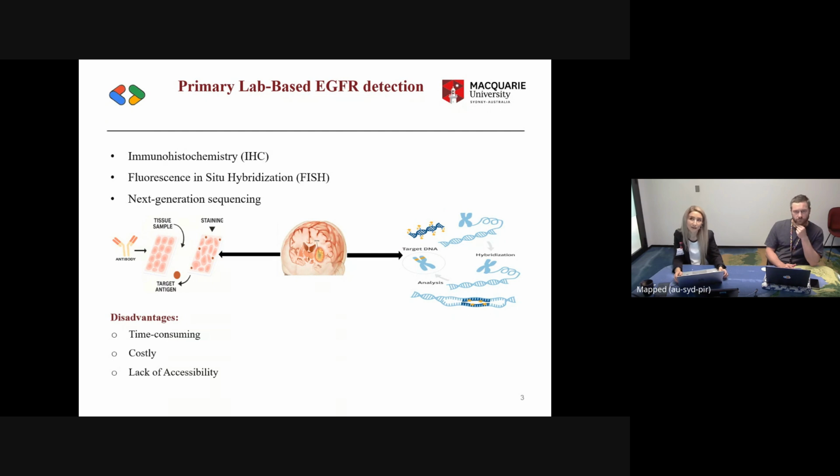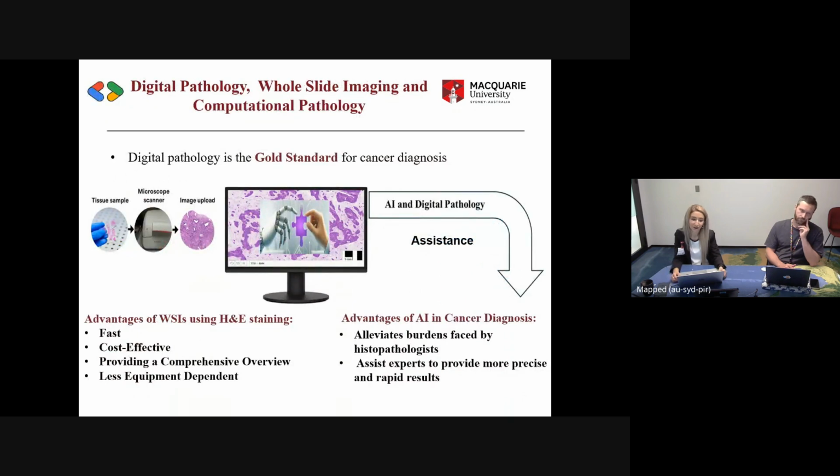On the other hand, sometimes it takes more than a week to get a result, so it is time consuming. That's why, after many challenges regarding these lab-based methods, digital pathology became a gold standard for cancer diagnosis.